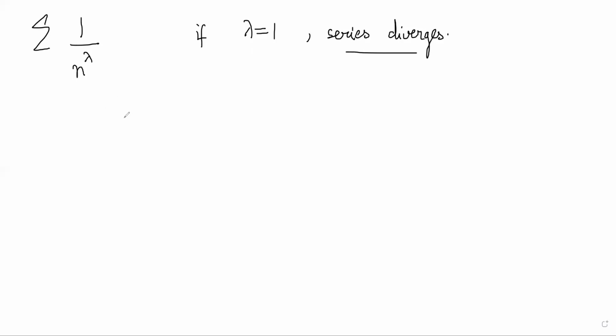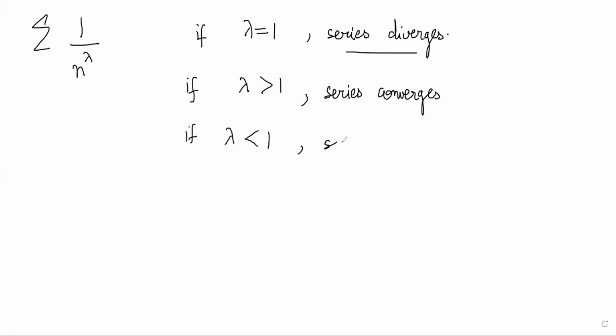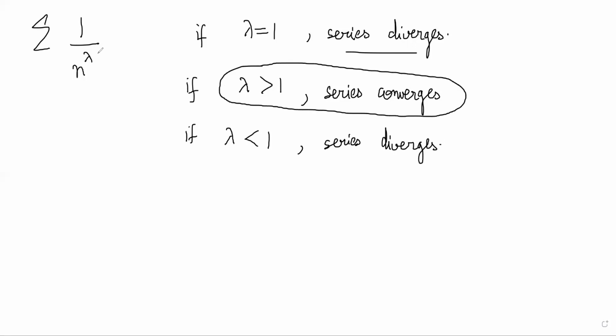There is a way to prove, similar way to prove grouping, saying that if lambda is greater than 1, the series will converge. And if lambda is less than 1, series will diverge. If lambda is less than 1, series diverges. So basically, series will converge only in the case when the powers are bigger than 1.